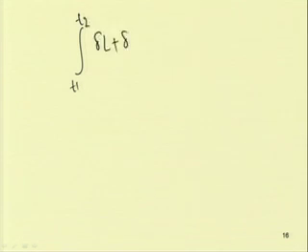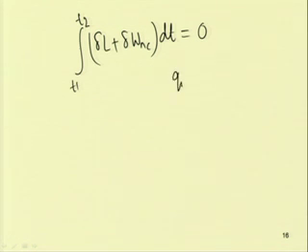In case of Hamilton principle, the equation can be derived using this formula: integration from t 1 to t 2 of delta L plus delta W n c, dt, equal to 0, where q k vanishes at t 1 and t 2.